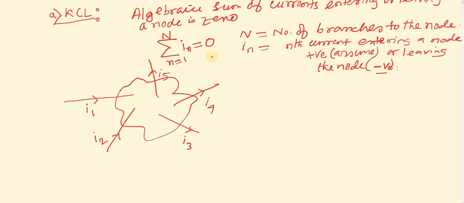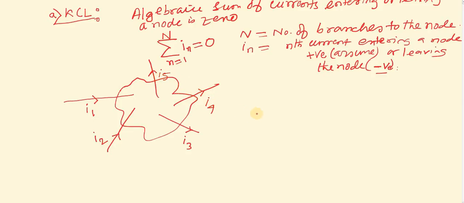So the sum of current entering a junction is equal to the sum of current leaving. These two branch currents are entering and I3, I4, I5 are leaving.